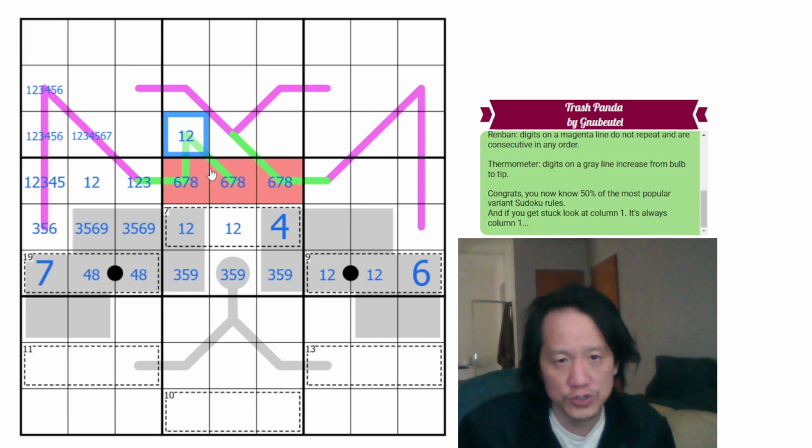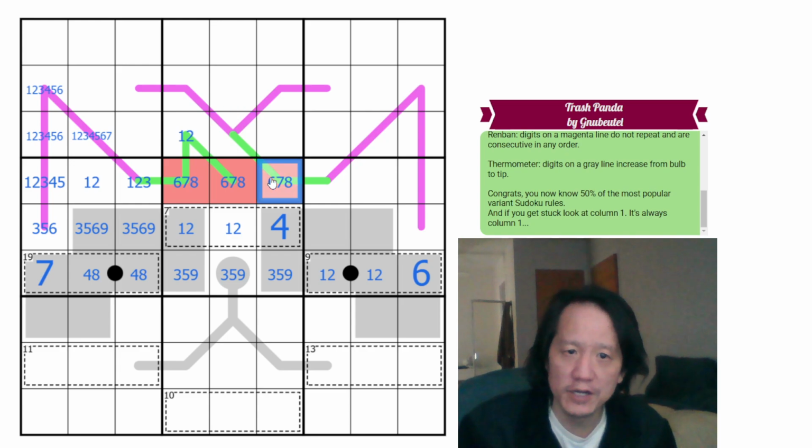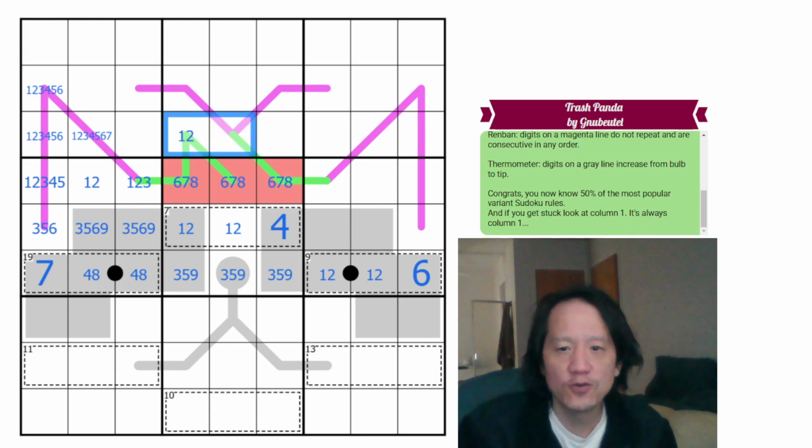So this is 1 or 2. In addition, we know one of these is 6, so therefore one of these two must be 1 to be next to a 6, right? Because 6 can only be next to a 1 on a German whisper line. Therefore, we know the 1 has to be one of these two.